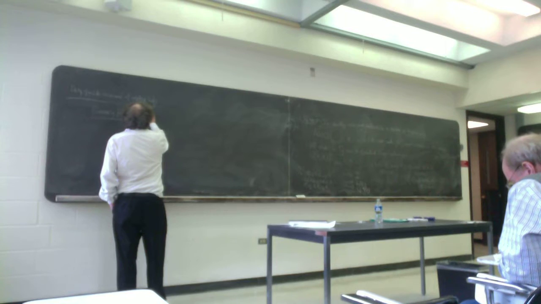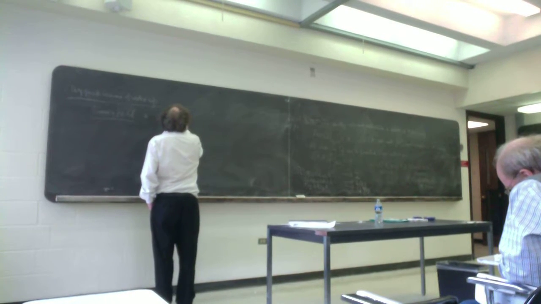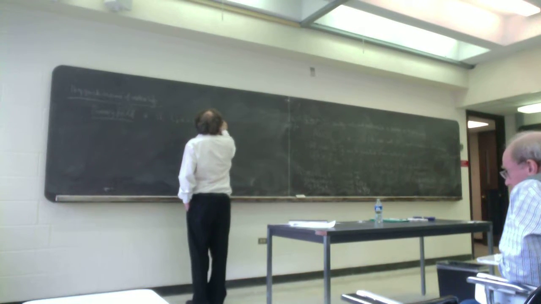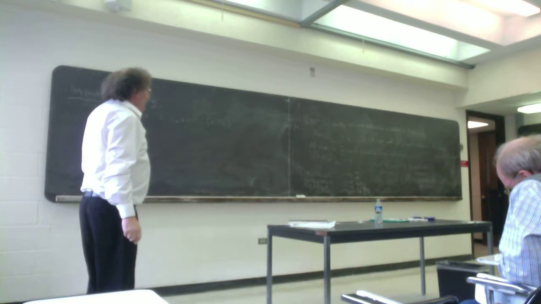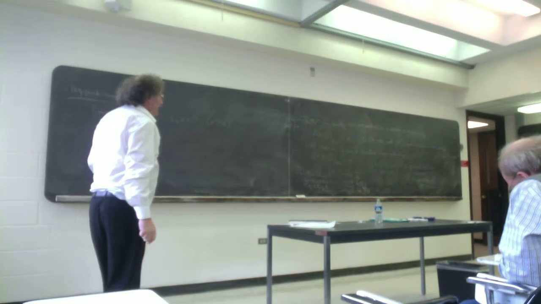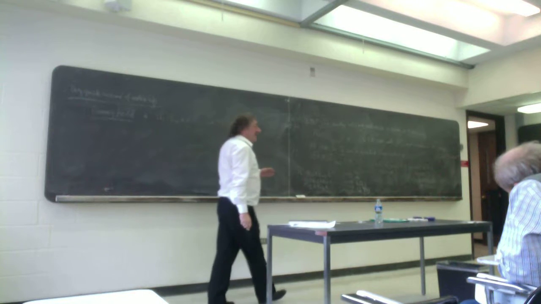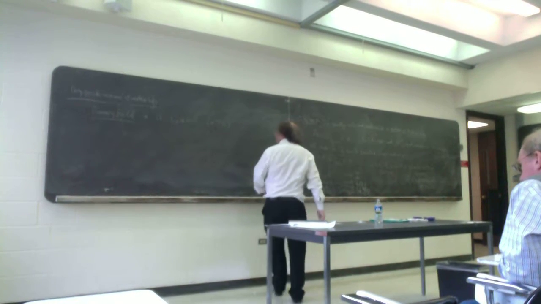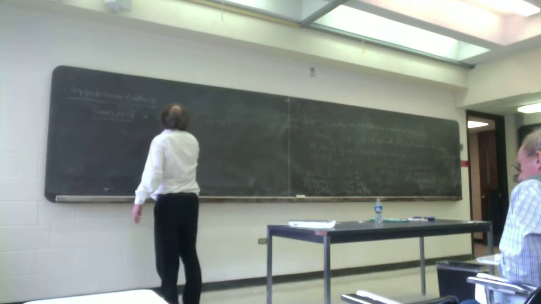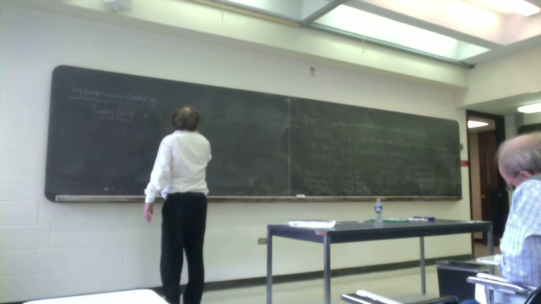If I take a vector A such that L n of A is equal to 0 for n greater than 0, well, I've written down three vectors which satisfy this, and then V of A at Z is the primary field.